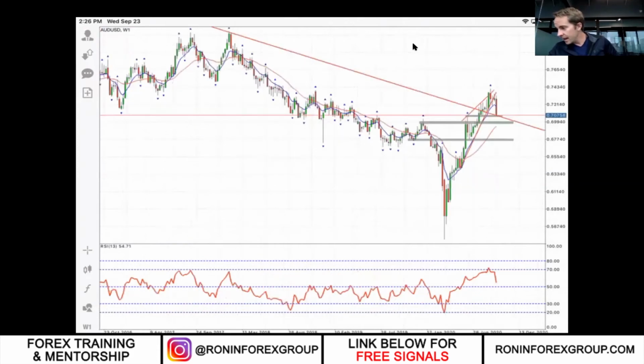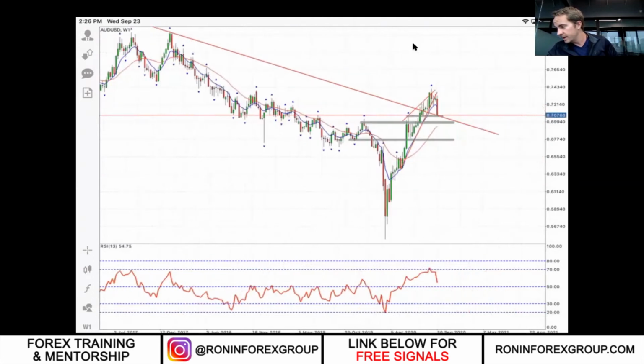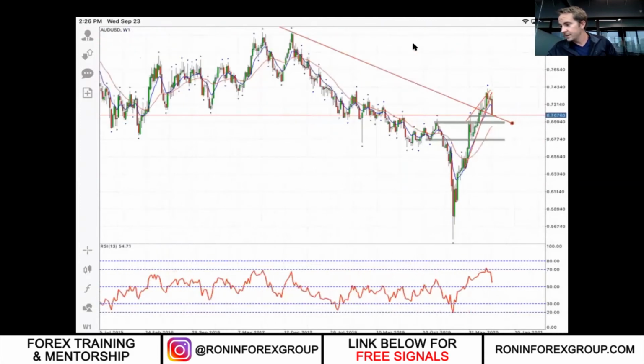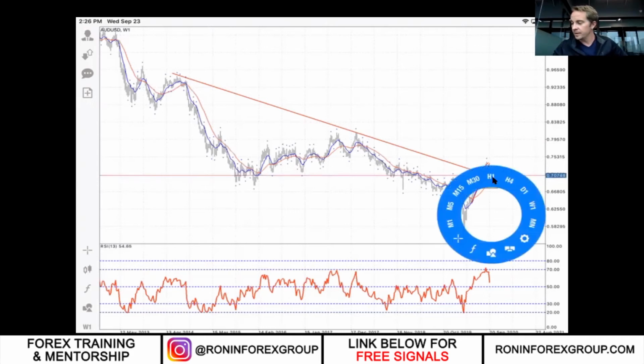But that being said, you could look at this two ways: that we're in the midst of a false breakout right now, or that we're retesting this trend line. So it's actually kind of a close call to tell right now.